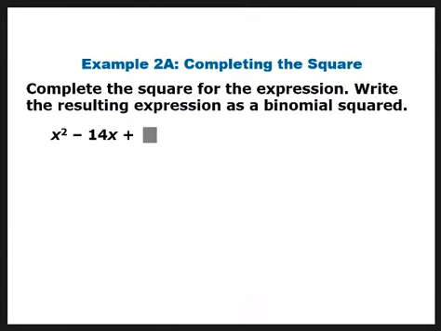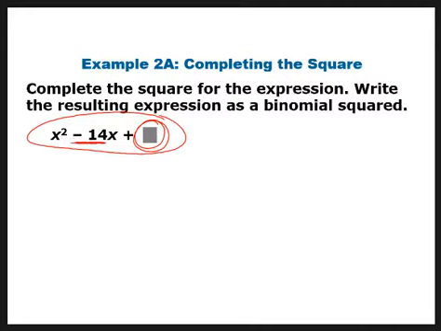So that kind of has to do with the whole idea behind why we call it completing the square. What we're going to start with here is talking about what you have to do in order to make this whole expression something that can be factored as a binomial square, or something where we can write a quantity squared. So what I'm looking at here is, in order to get this last term, I look at this number right here. It really doesn't matter whether it's positive or negative, but we'll think about it from that aspect right now.